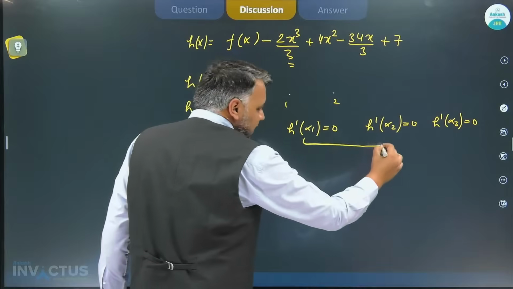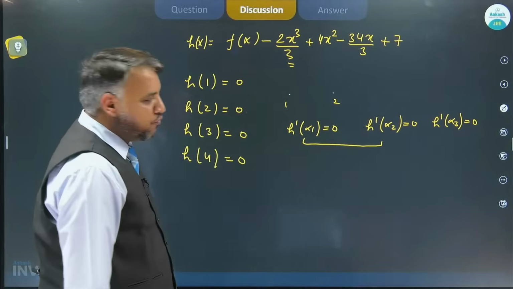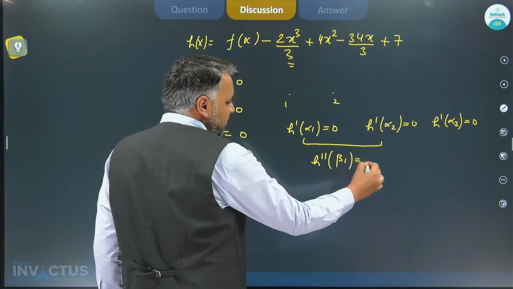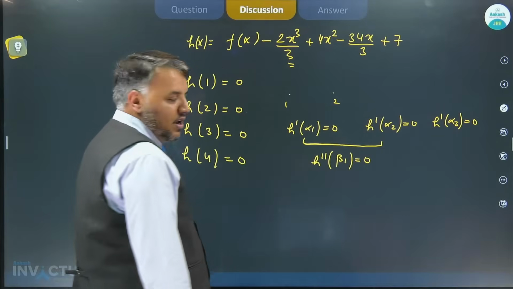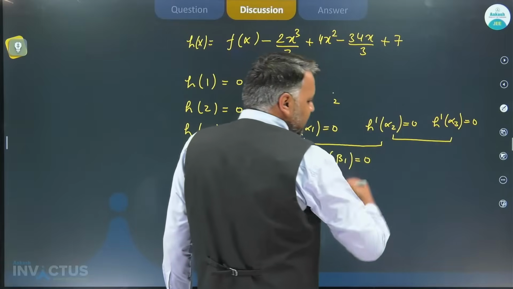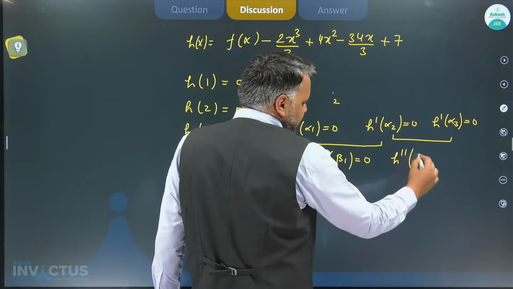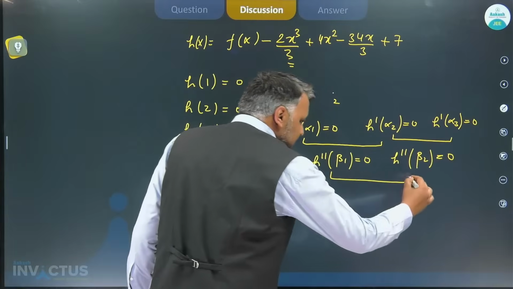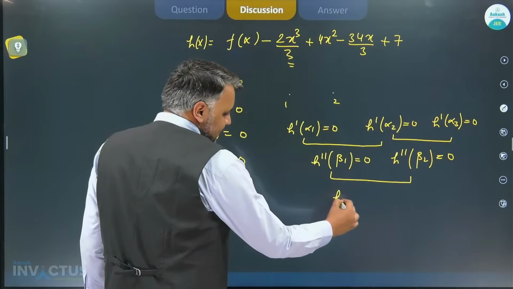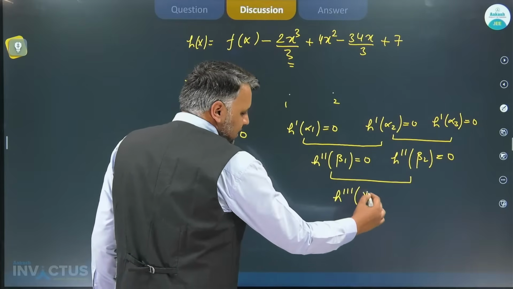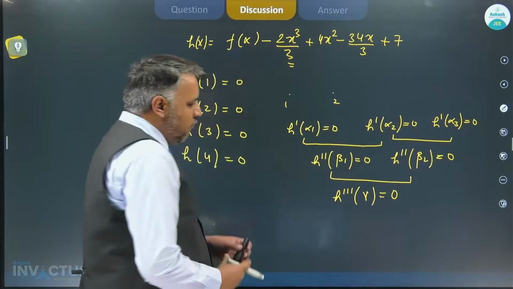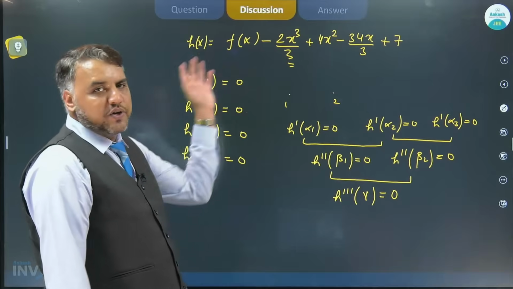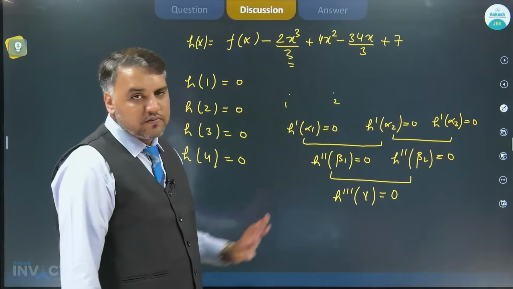Again between alpha 1 and alpha 2 we can say that h double dash beta 1 will be 0. There will exist a point beta 1. Again applying Rolle's theorem here we will say h double dash beta 2 is 0, and by applying Rolle's theorem between beta 1 and beta 2, h triple dash gamma must be 0 for at least one gamma between beta 1 and beta 2, or you can say between 1 to 4. This is for sure.